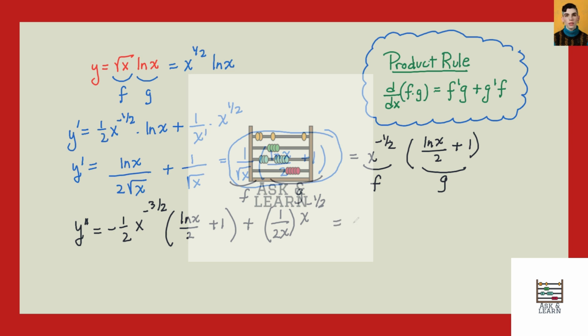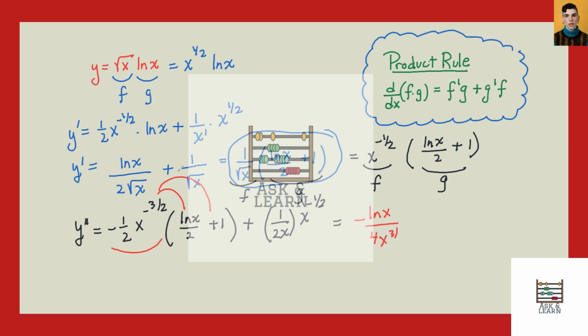So this is great. Okay, so let's see what we have here. Just to see what we have, let's distribute this left side over into both parts of the parenthesis. So we will get minus ln of x over 4x to the 3/2 on the bottom.